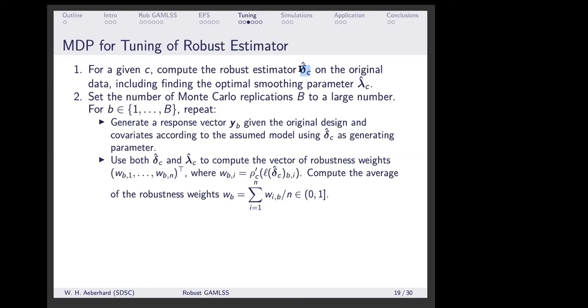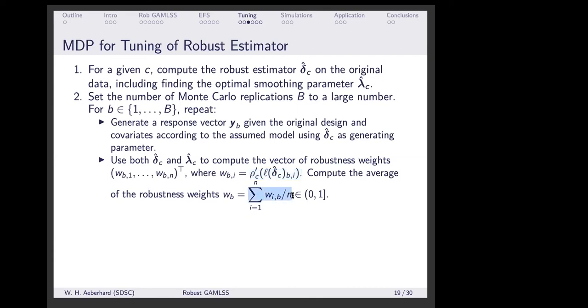And on each of the Monte Carlo samples, we actually don't estimate anything. We just evaluate the weight given by this rho prime function. This is very cheap to compute, right? There is no optimization involved. It's just a matter of evaluating this. Usually it's a closed form formula. And then we compute the average weight for that particular sample.